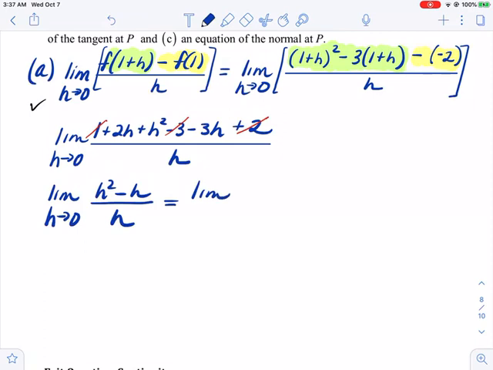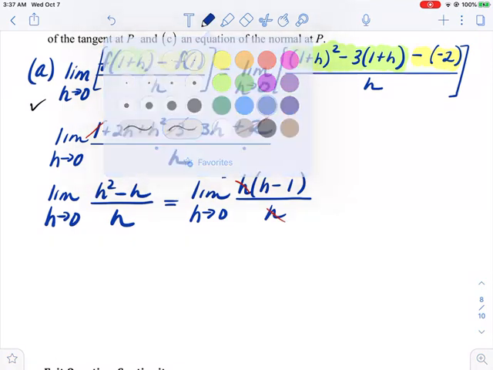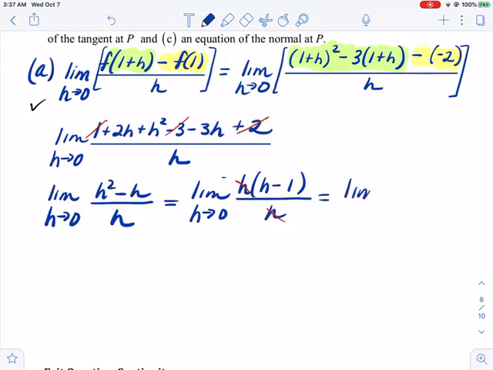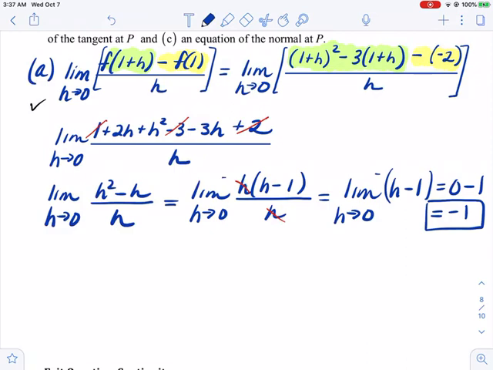So this is equal to the limit as h approaches 0 of h times h minus 1 all over h. The h's cancel, and then this is the limit as h approaches 0 of h minus 1. So when we plug in 0, we get 0 minus 1, so we get the answer negative 1.